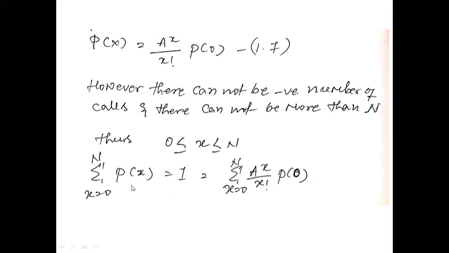Okay, you know the sum of probabilities over some interval is always equal to 1, and substituting p of x in this equation, you'll get the summation of A power x over x factorial times p of 0 over the interval 0 to capital N.